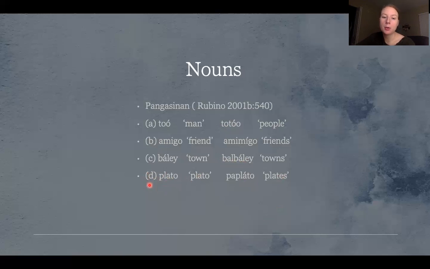And then even with partial reduplication, you can oftentimes see changes in tones or vowel lengthening. Here we can see that when we reduplicate word initially, it seems that there's added stress on that second vowel. So those are some things to look out for.